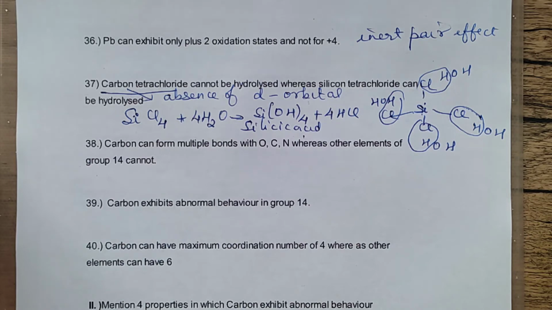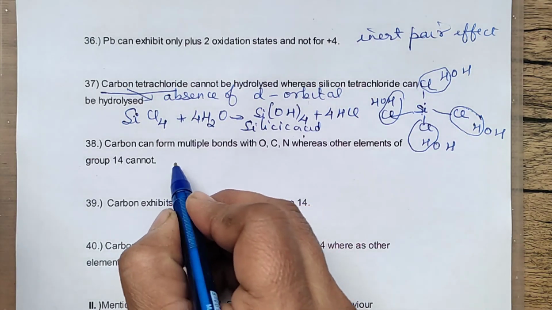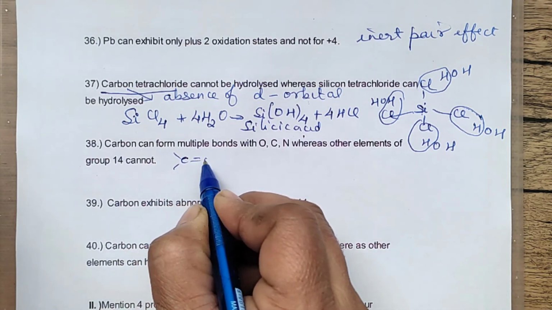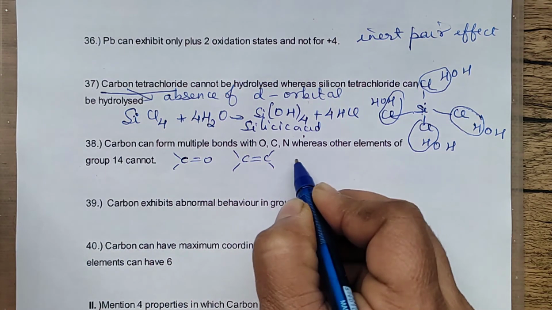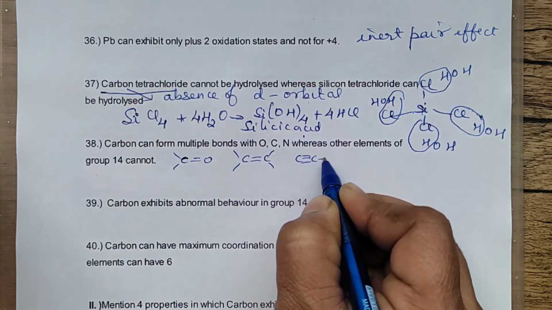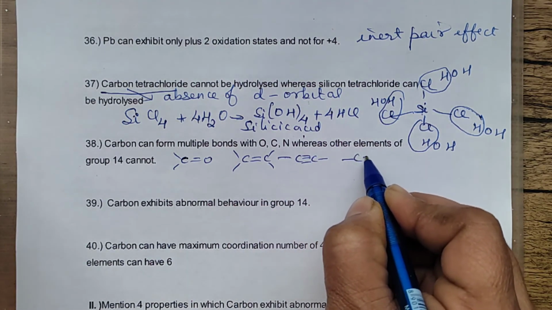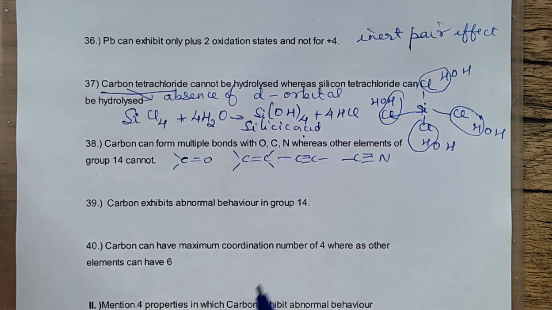Carbon can form multiple bonds with oxygen, carbon and nitrogen, whereas other elements cannot. Like you can see carbon, oxygen, a double bond is possible. A carbon-carbon double bond is possible, or a carbon-carbon triple bond is also possible. A carbon triple bond N is also possible, whereas similar compounds with silicon, germanium, tin and lead are not possible.